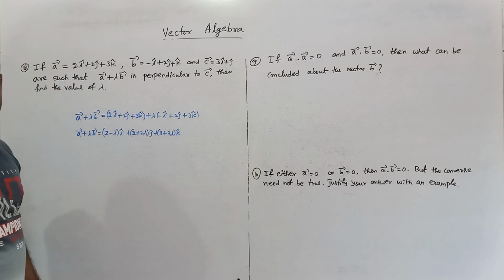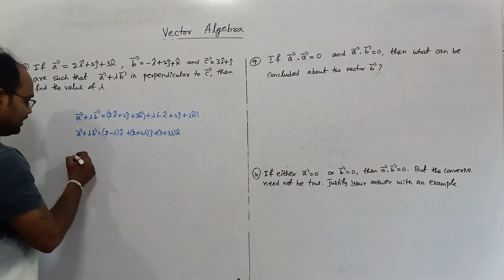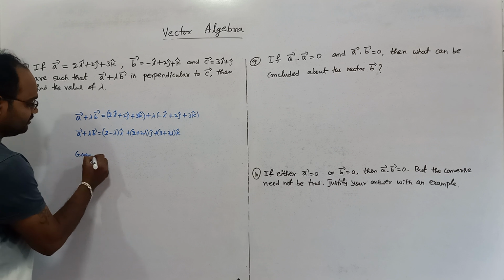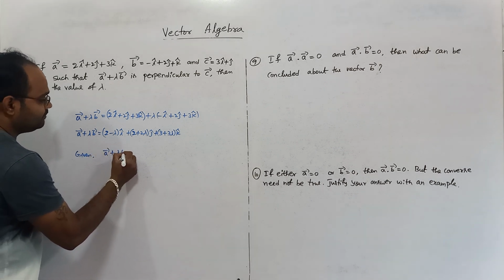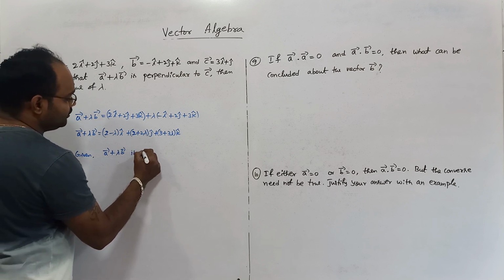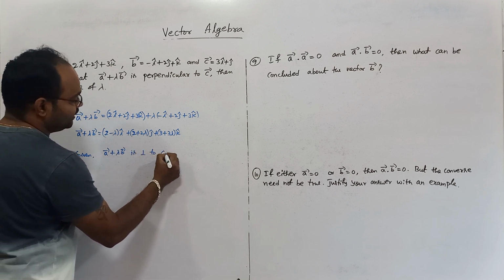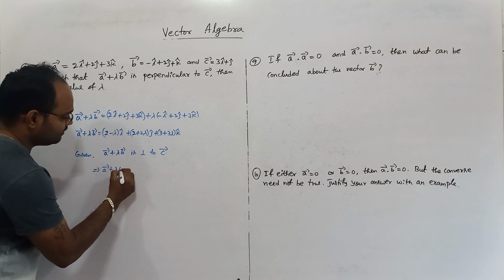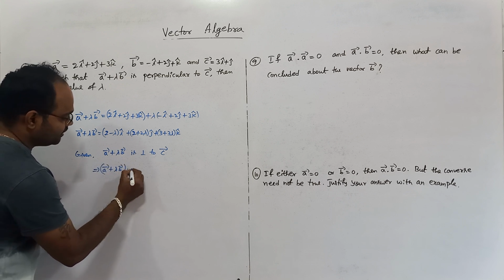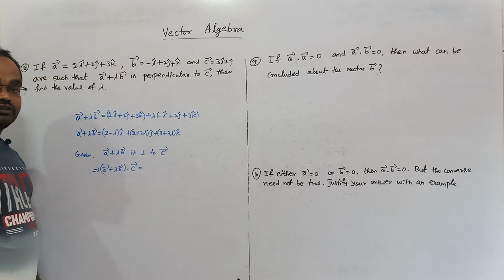This is vector A plus lambda vector B. Given vector A plus lambda vector B is perpendicular to vector C, this implies their dot product will be 0. Vector A plus lambda vector B dot vector C is equal to 0.